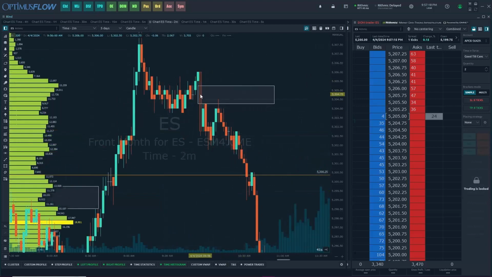Again, on this fair value gap, if we wanted to measure our risk to reward, we would create the fair value gap with the rectangle, click on price target. Let's say we wanted to enter at the beginning of the fair value gap. Let's say we thought this market was extremely bearish and the likelihood of filling this gap completely was minimal, and we want to enter a tick into the gap. We could go there.